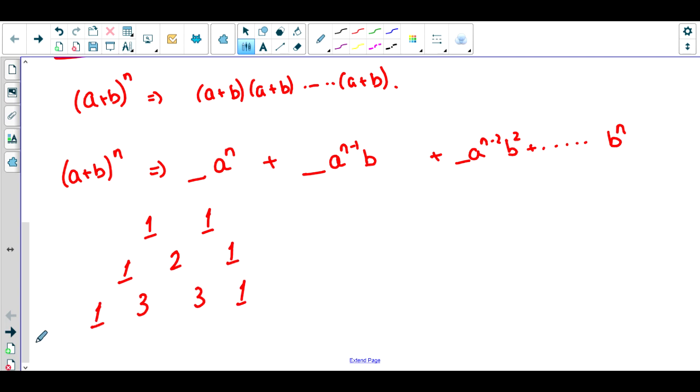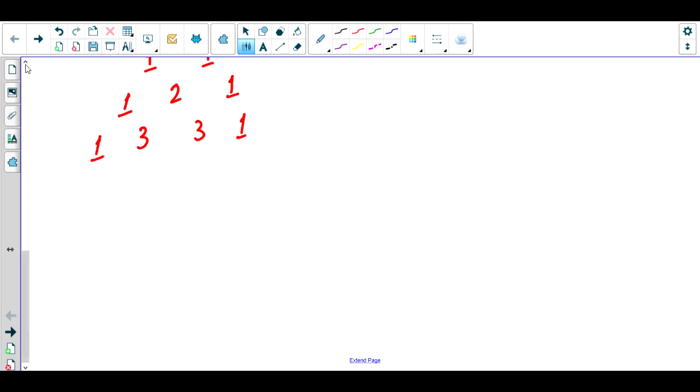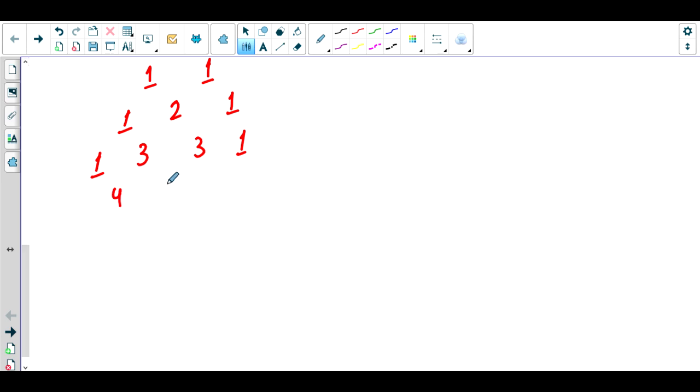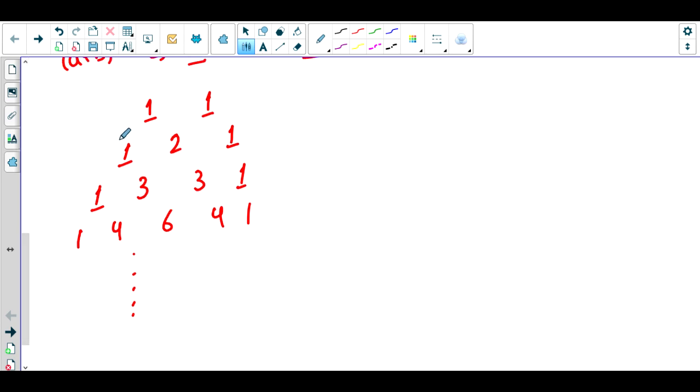Continuing, we had 3 plus 1 is 4, 3 plus 3 is 6, 3 plus 1 is 4, 1, and so on. But we cannot continue it to n times. If I want to find 20 or 30, I should continue adding it. It becomes difficult, so we need something more precise. For 4, 5, 6 it's okay, but what if I want to find (a plus b) to the power 15? I should first go down 15 rows.